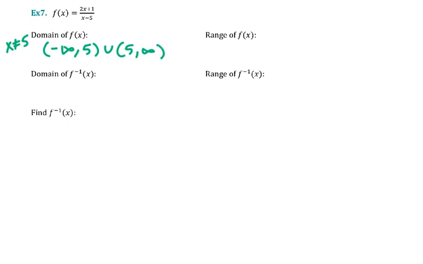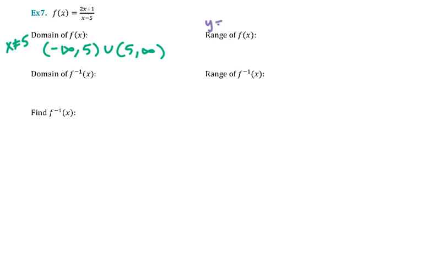And then the range, I'm going to need to leave out anywhere there's a horizontal asymptote, right? So there's going to be a horizontal asymptote. Since the degree of the numerator matches the degree of the denominator, we're going to use those leading coefficients, and we're going to have a horizontal asymptote at y equals 2 over 1, or y equals 2.